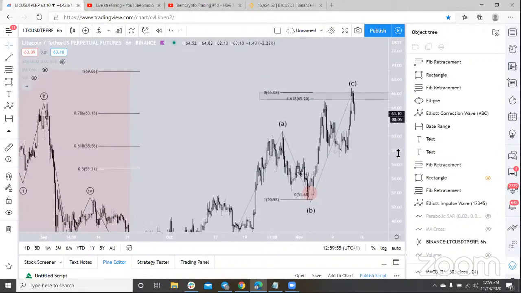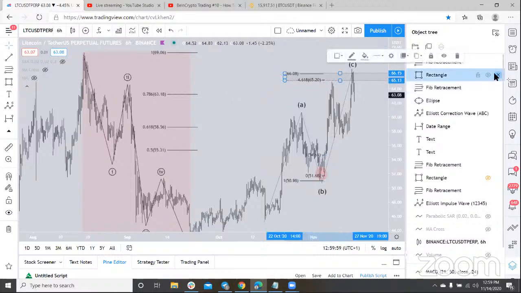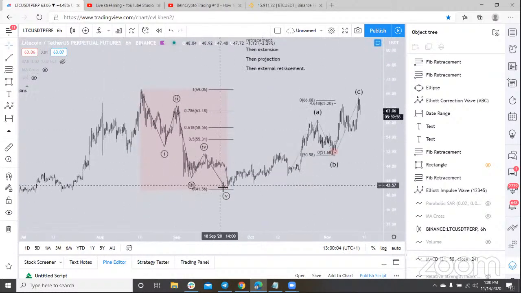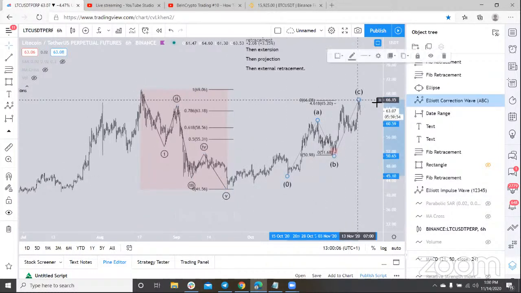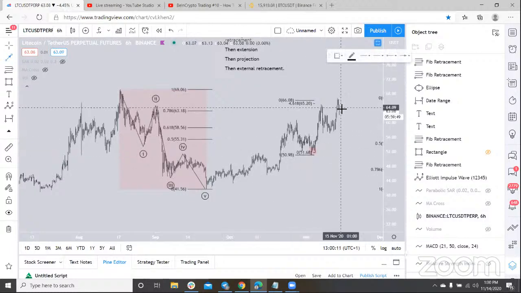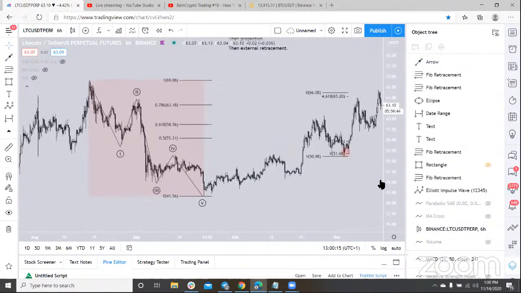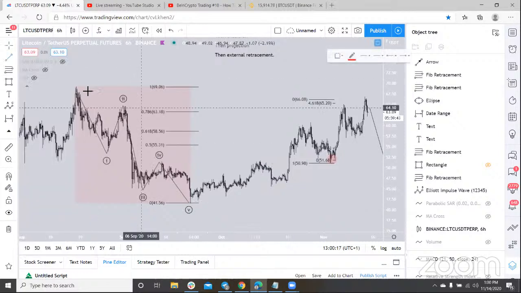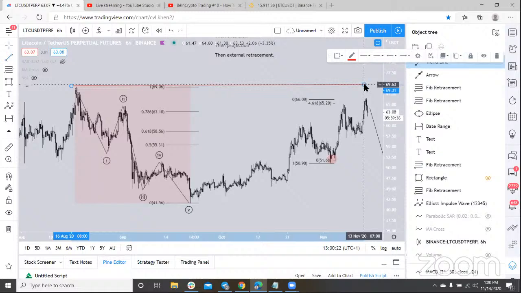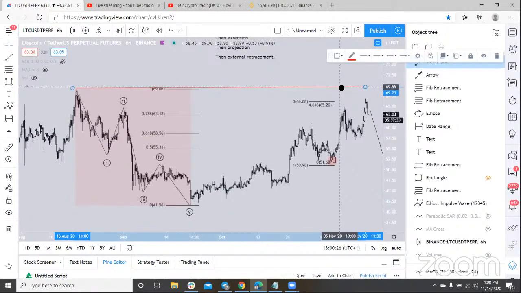Now, personally, I'm trying to short Litecoin because, like I said, I think this is the beginning of the bearish impulse. This is the retracement. And I believe the price will go down from here. So I'm trying to short Litecoin with a stop loss here. So it's right here.